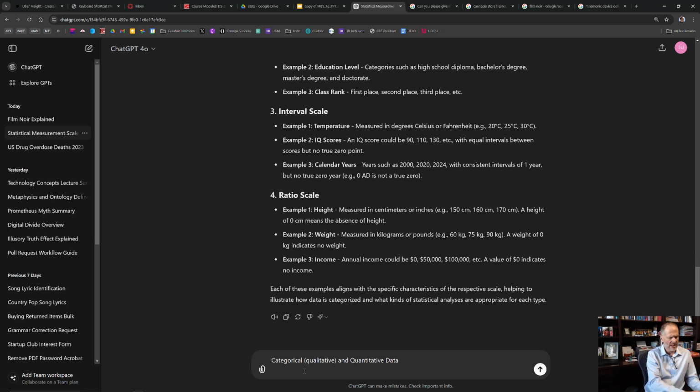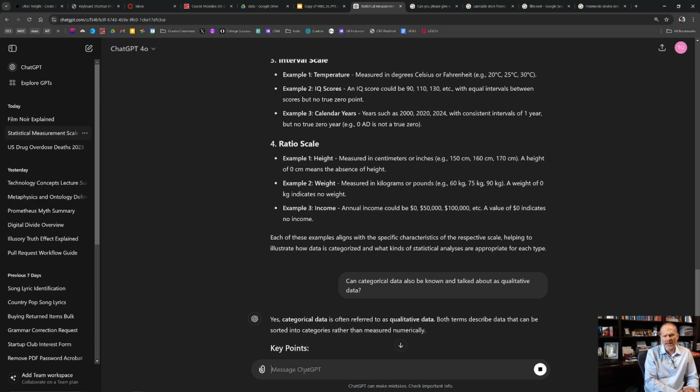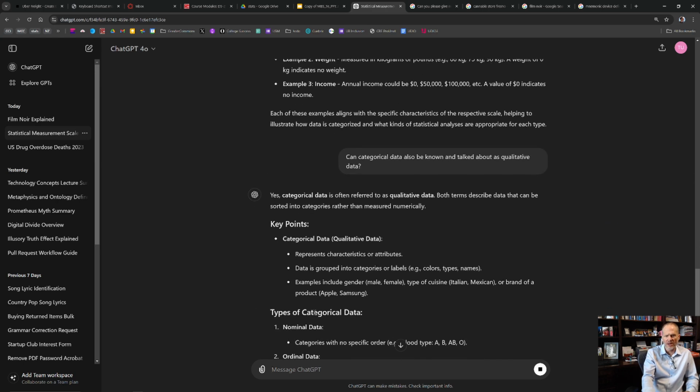I'm going to say, can categorical data also be known and talked about as qualitative data. All right, I'm going to put that in. And yes, categorical data is often referred to as qualitative data. Both terms describe data that can be sorted into categories rather than measured numerically.